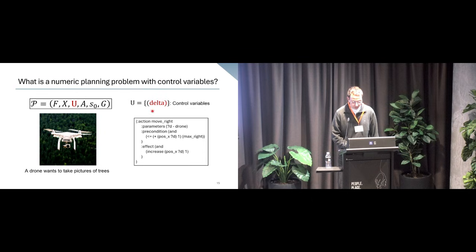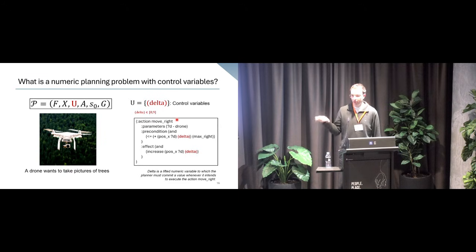When considering this control variable, we can define variable increments. This note is very important: delta is not part of the state, but of the decision. So the planner actually has to commit to a value of delta when making a decision.